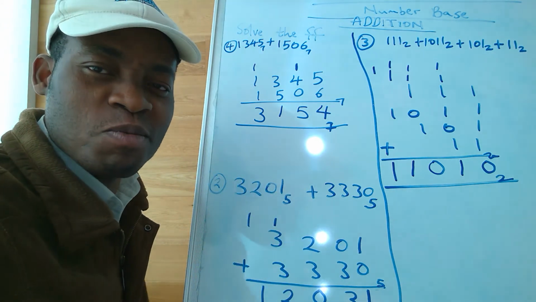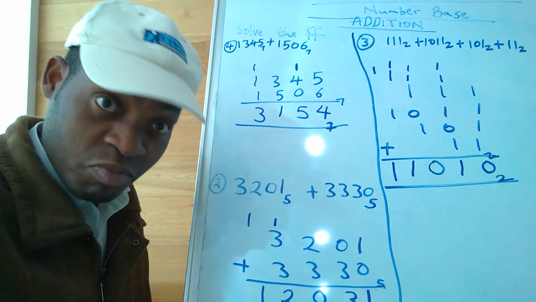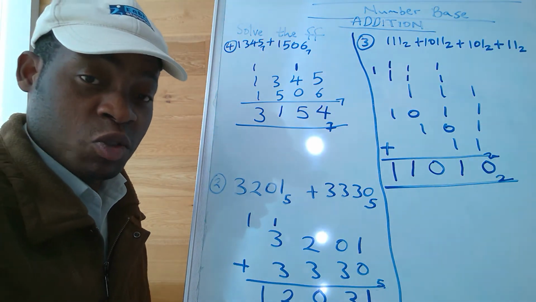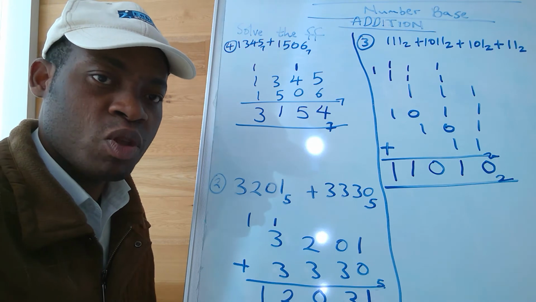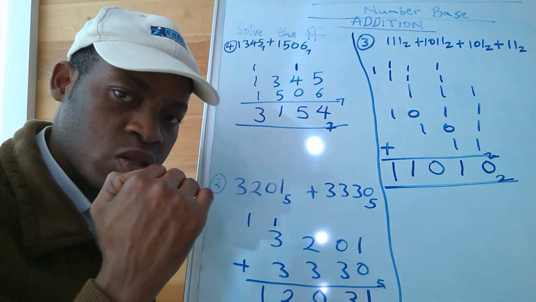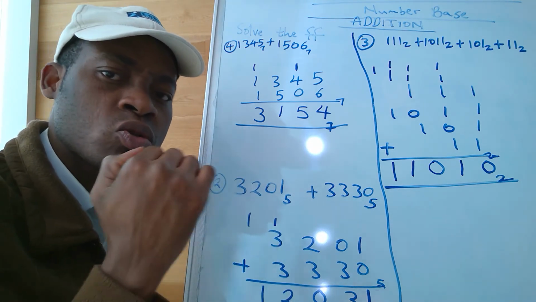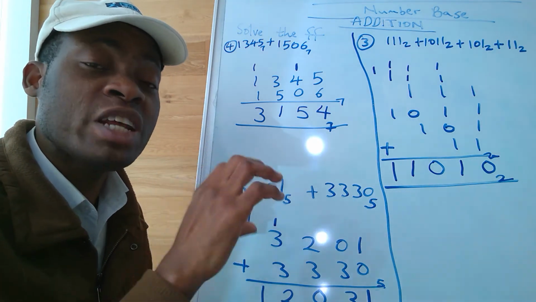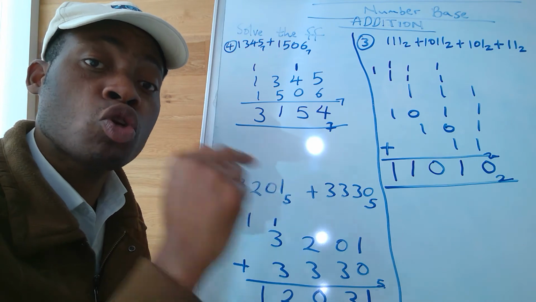I will make another video on subtraction of number bases. So let's just try to understand that the moment you get to the base, the number will turn to 0 and add 1 to the next number. That is, any number that is inside your answer must not be more than the base.